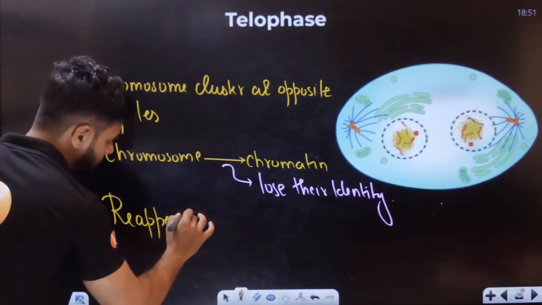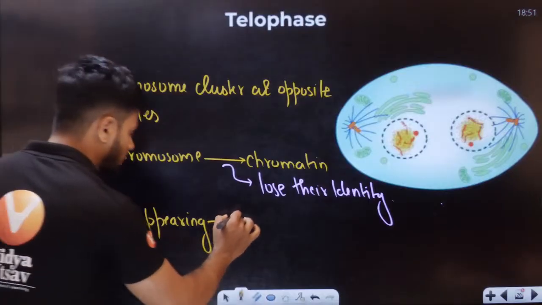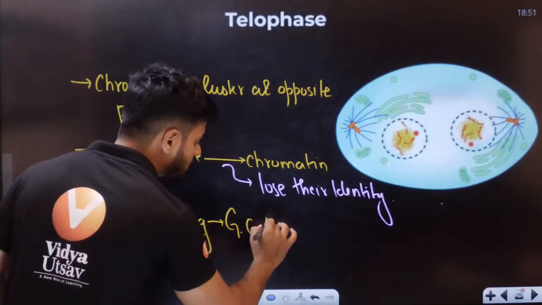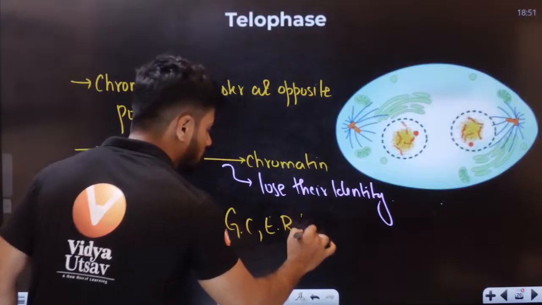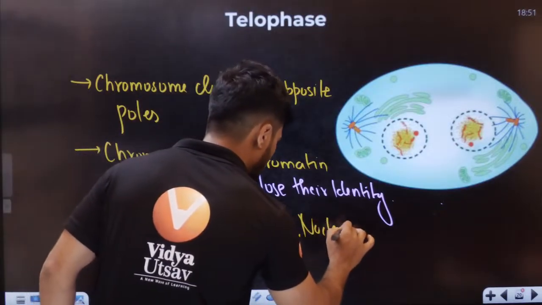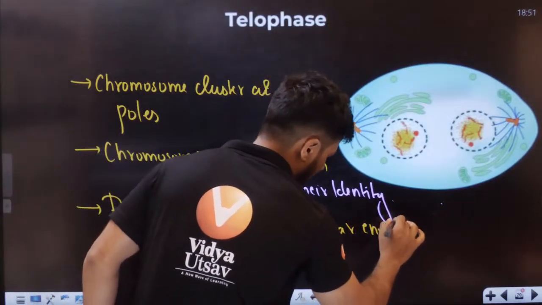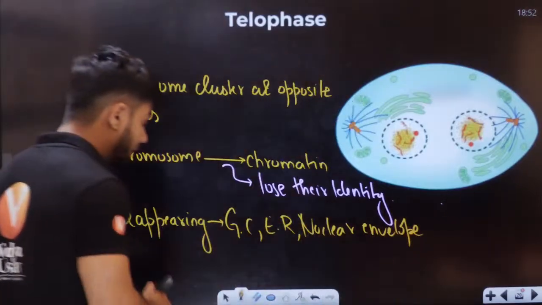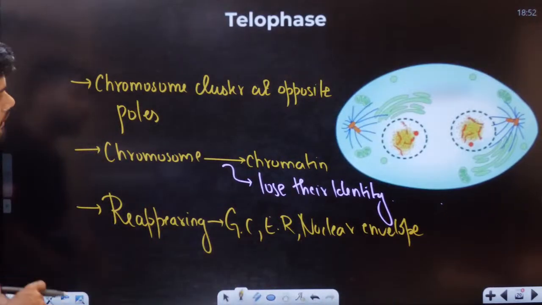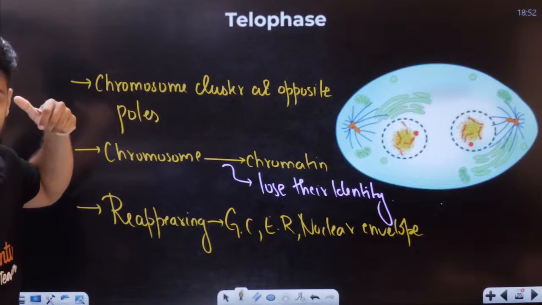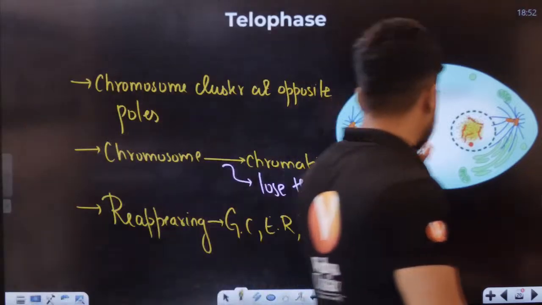That could be the Golgi complex, endoplasmic reticulum, the nuclear envelope. Everything is reappearing, students. That is what happens in the case of telophase.